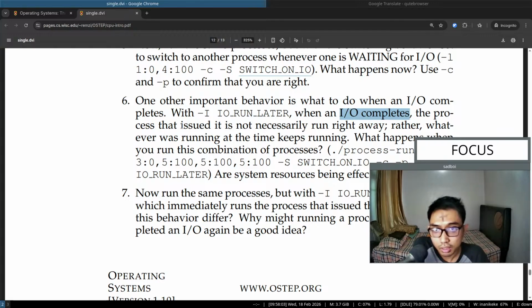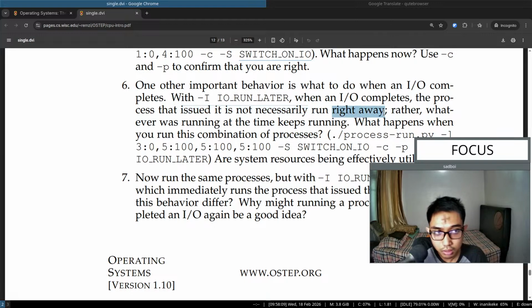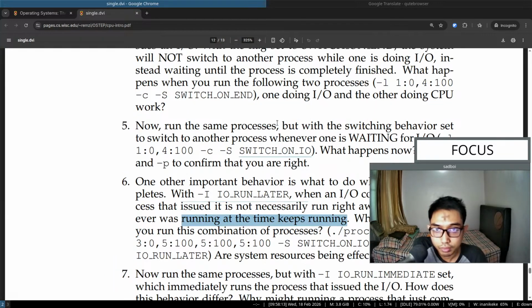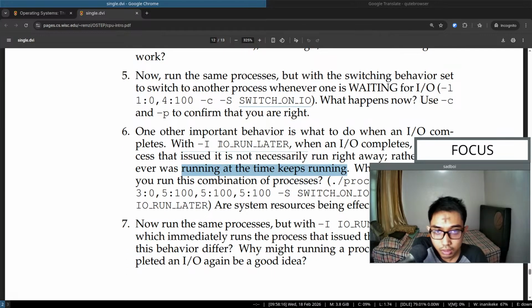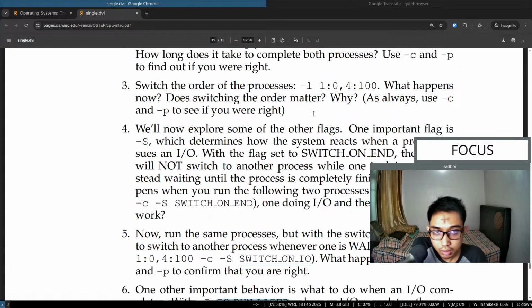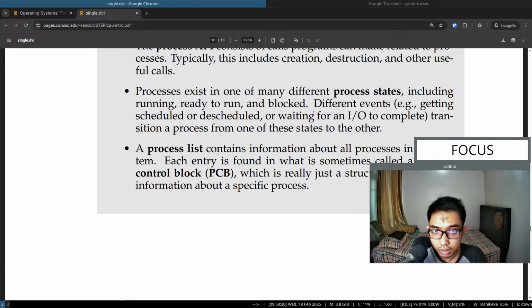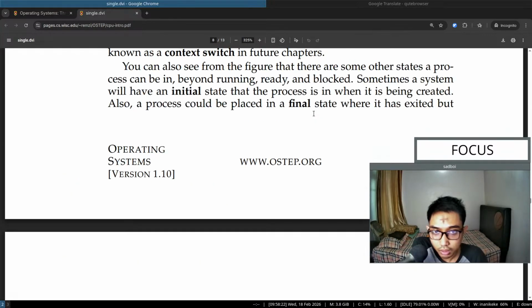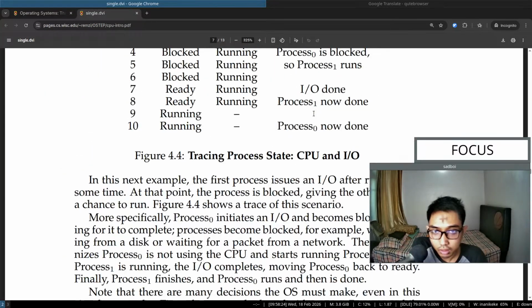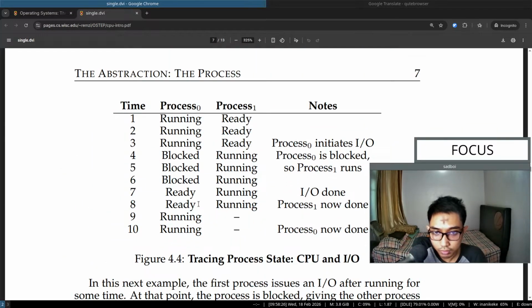The process that issued it is not necessarily run right away. Rather, whatever was running at the time keeps running, right? This behavior is similar to this one, right?